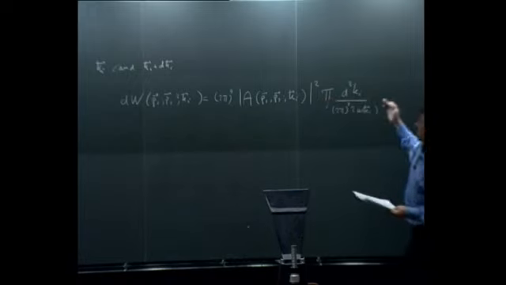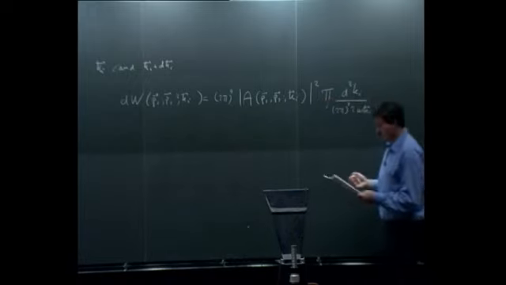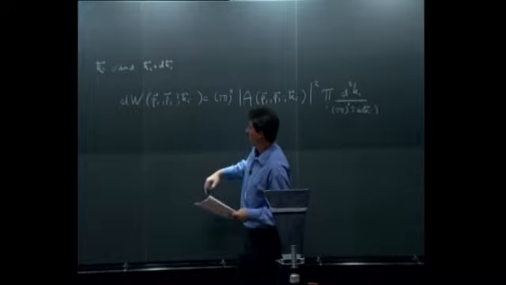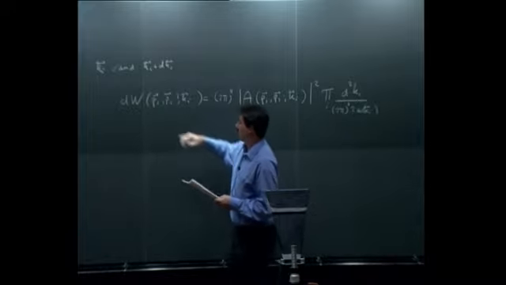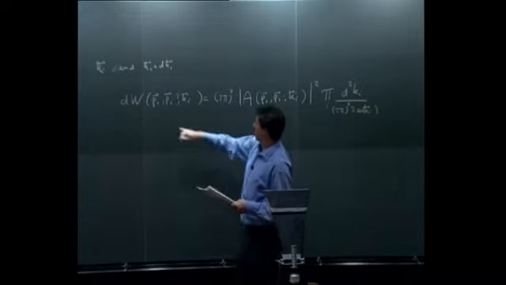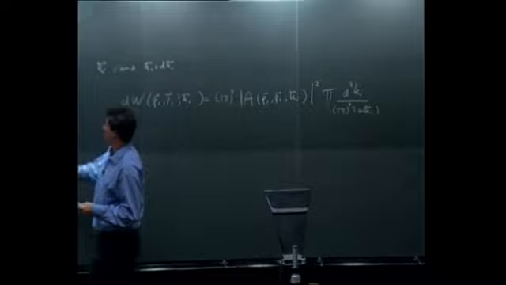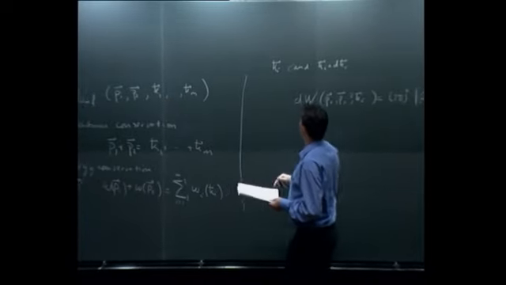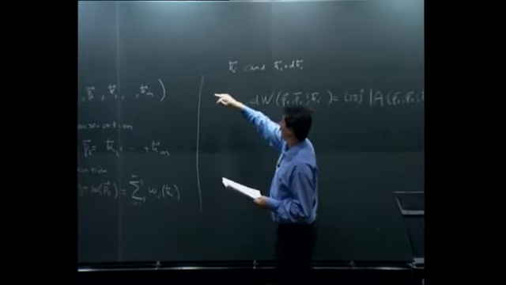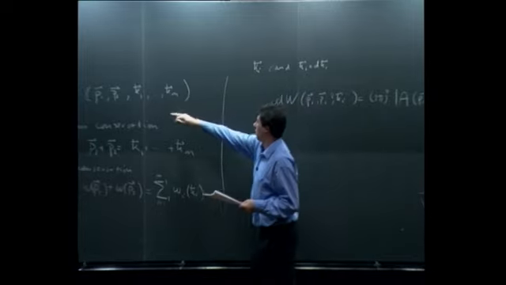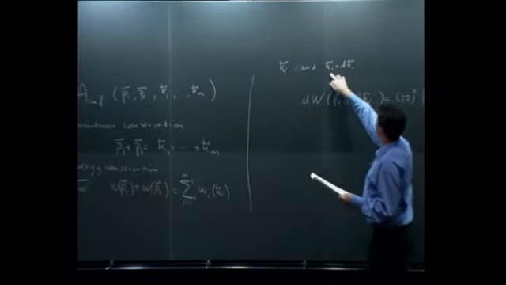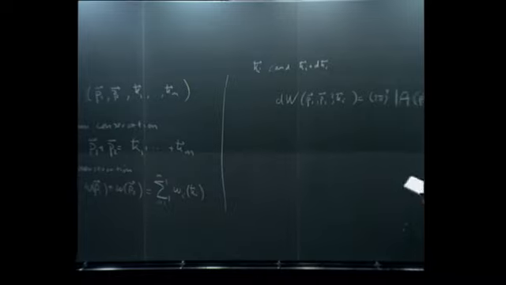So what I've written here is the transition probability that I get a collision between two particles with momenta p1 and p2, which gives me m particles with momenta k1 up to km, or momenta which are in between those values and some infinitesimal variation of it.